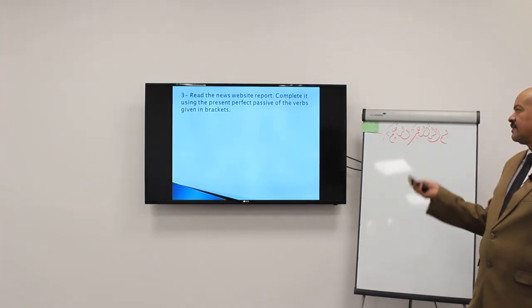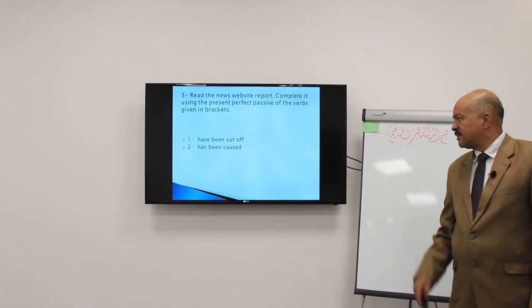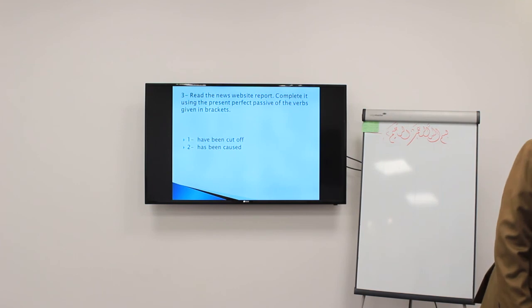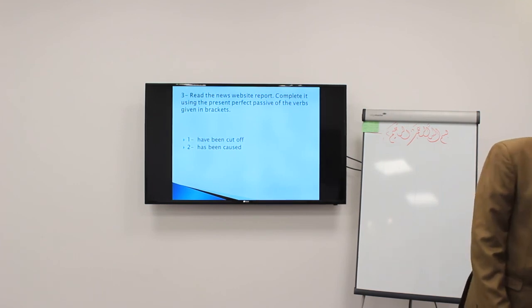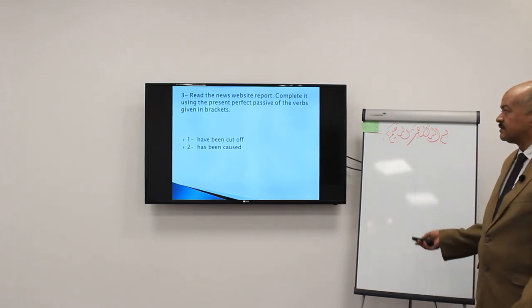This, number 1, have been cut off. Number 2, has been caused. So passive, just use passive. Has been caused by heavy rain and by rivers. And then until you reach number 3, the village of Michelney in the south of England turned into. So what is that?